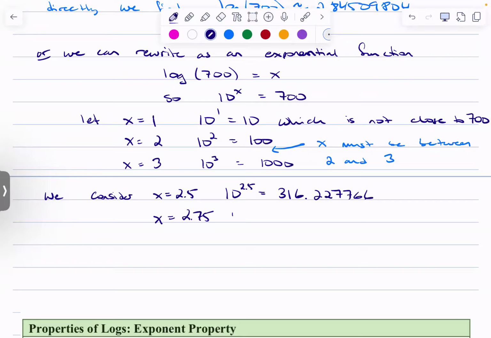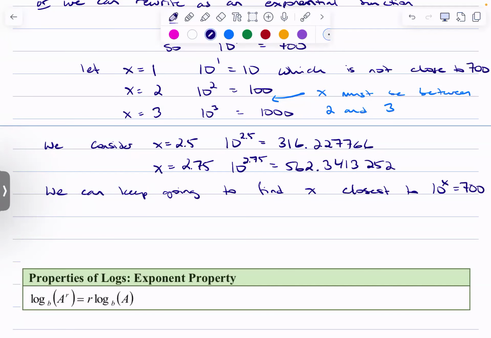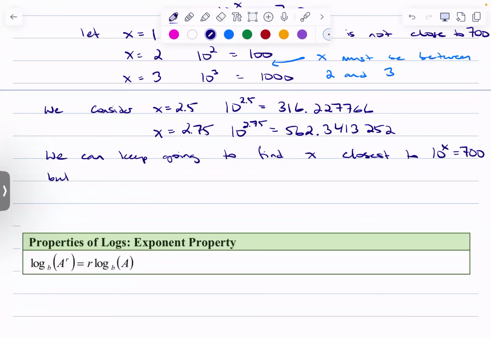10 to the 2.75 is 562.3413252. We can keep going to find the x closest to 10 to the x equals 700, but we'll stop here.